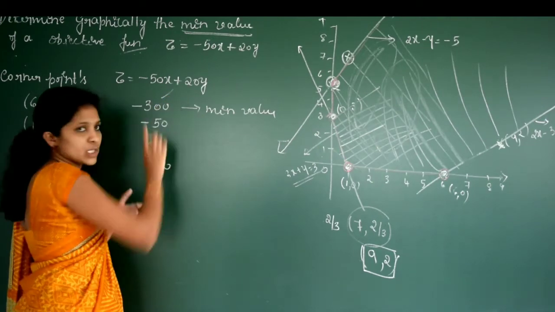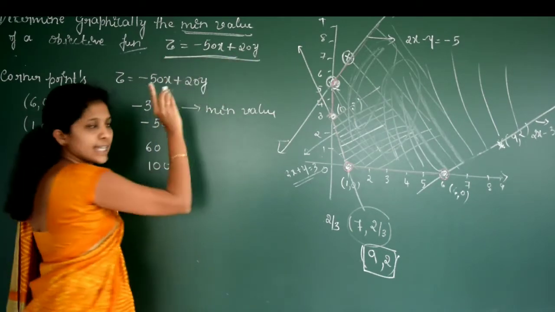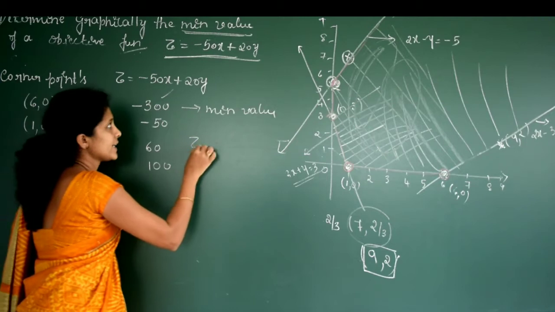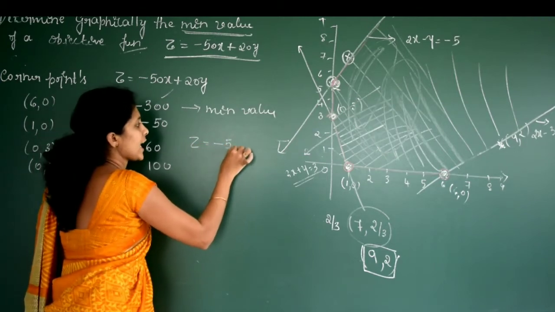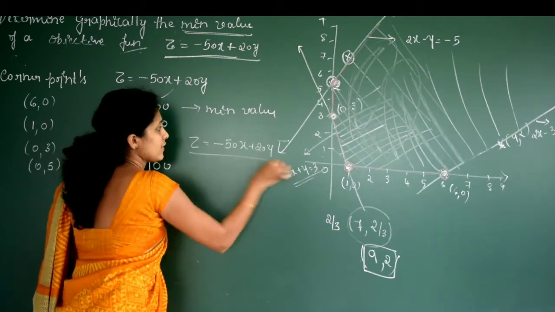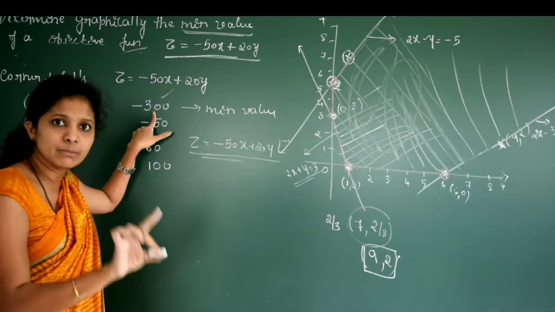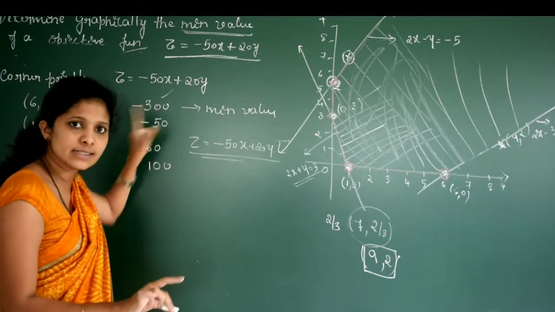To check this, listen carefully. Here z is given. What is it? z is minus 50x plus 20y, right? And we got the value of z as minus 300. For this one, this is the minimum value.